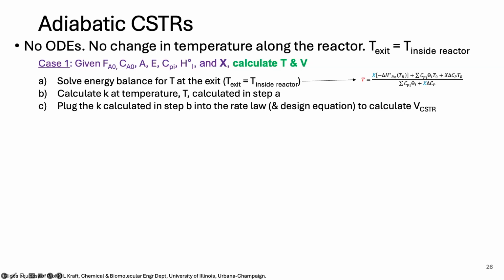So steps would be to solve the energy balance for T at the exit temperature, which we can do since we know conversion. We'll then calculate k, our rate constant, at that temperature, and then plug that k back into step B, into the rate law, so that we can then finally calculate the volume of our CSTR, i.e. in our mass balance design equation.